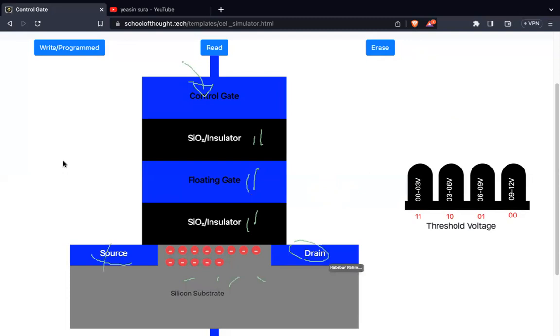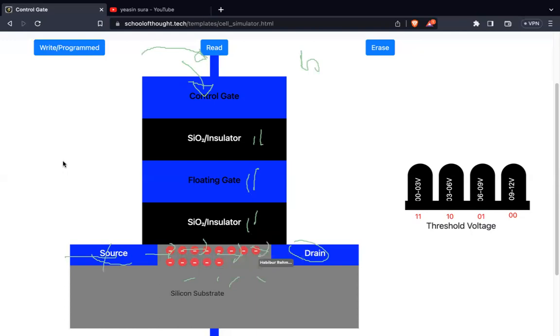So when we apply a voltage, which is called threshold voltage, let's say this threshold voltage is 5 volt. When we apply 5 volt, a current starts to move from source to drain.